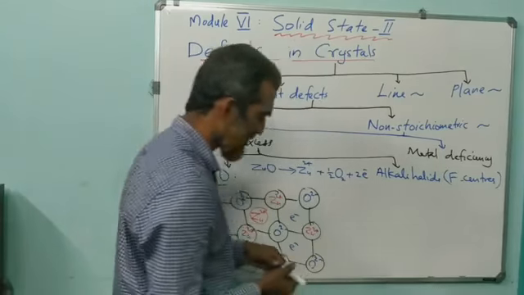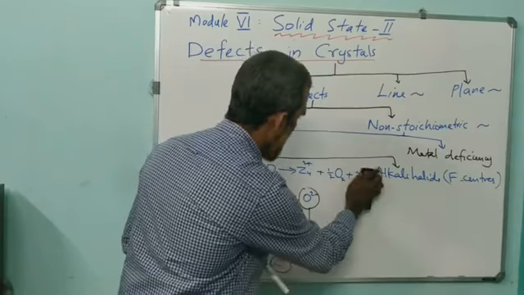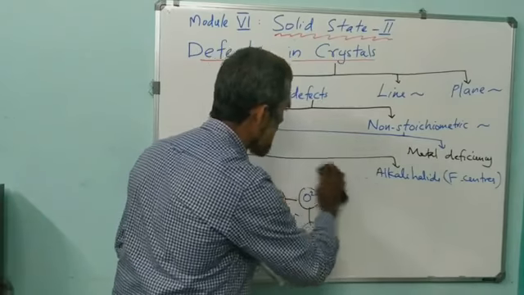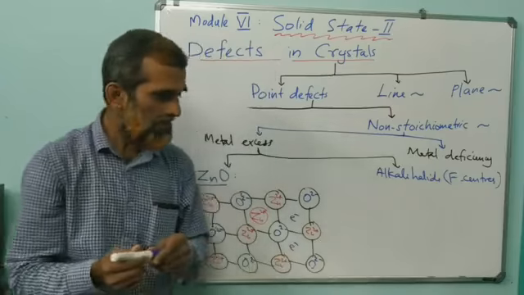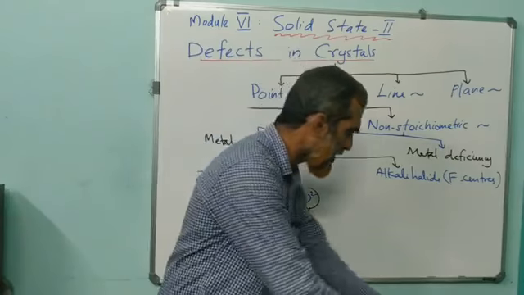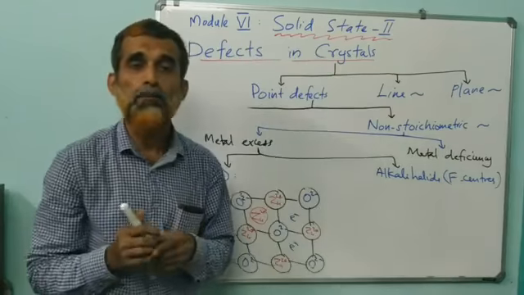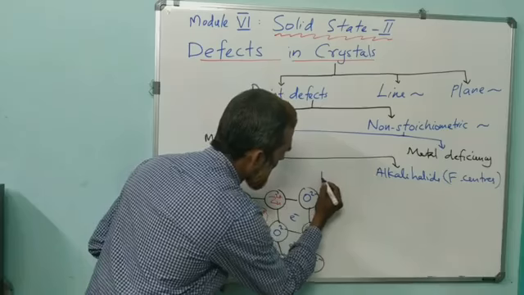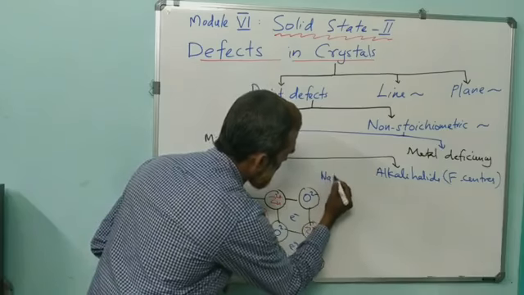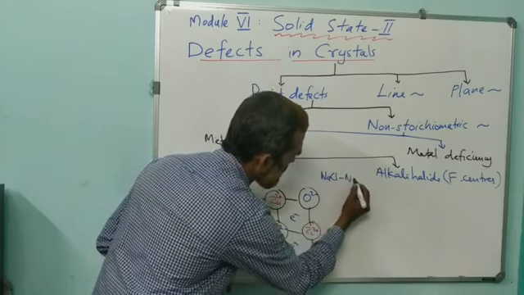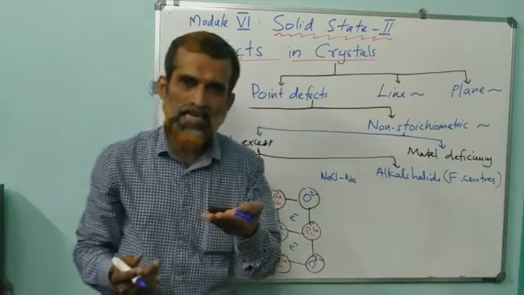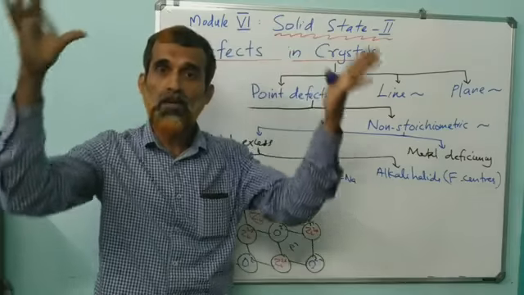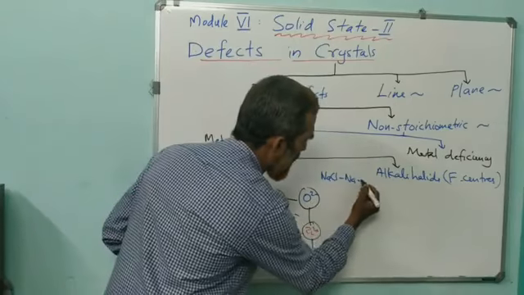Now coming to the next one, that is the kind of defect found in alkali halides. This is obtained when you heat an alkali halide in the presence of alkali vapor. For example, suppose you are heating sodium chloride in an atmosphere of sodium. The sodium chloride crystal will show yellow color.